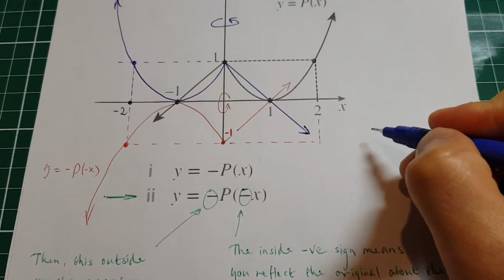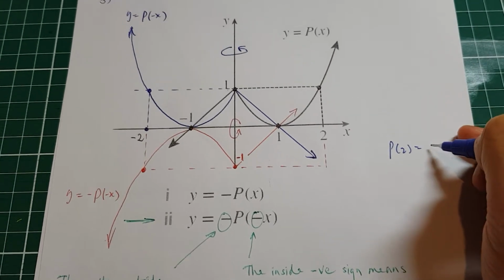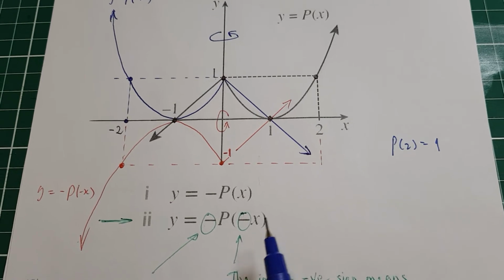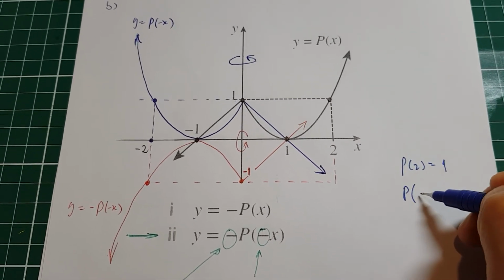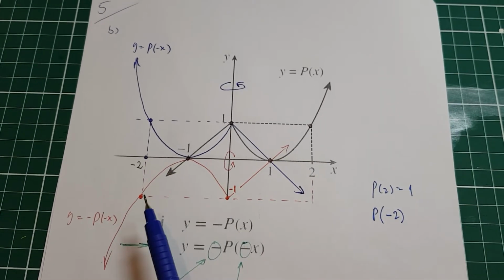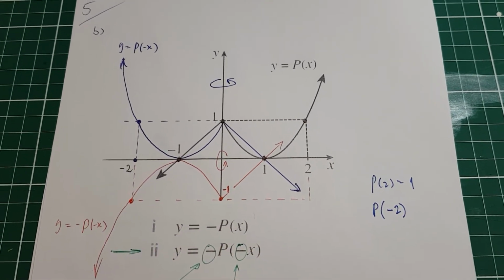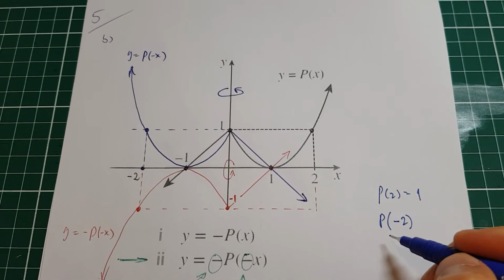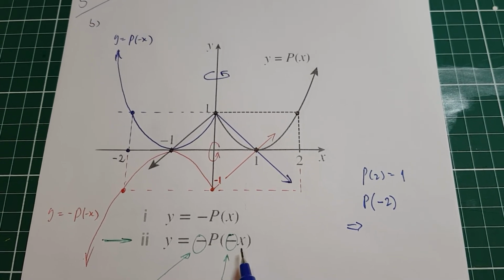So we know that p of 2 is equal to 1, as you can see. Okay, now p of negative x. So p of negative 2, we don't even have here. What this means is you basically have the x, right?